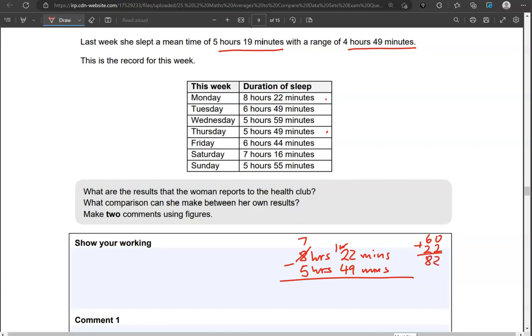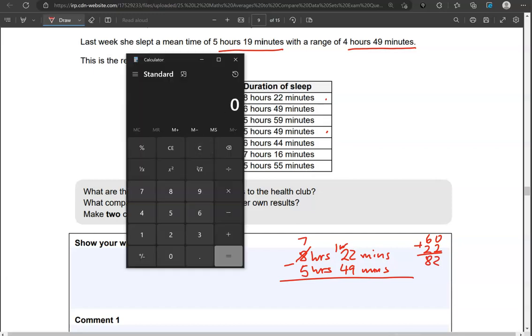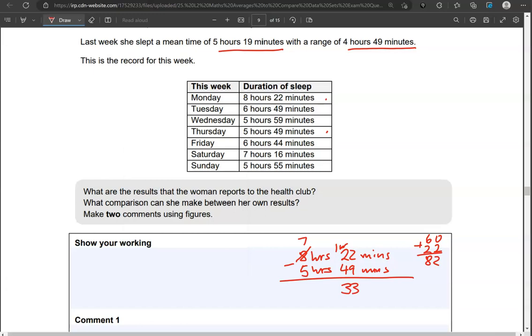So we'll do 82, take away 49, which is 33 minutes. 7 take away 5 is 2. So 2 hours and 33 minutes is the range. So this week she's been a lot more consistent in terms of the hours of sleep in comparison to last week. Now we'll work out the mean.